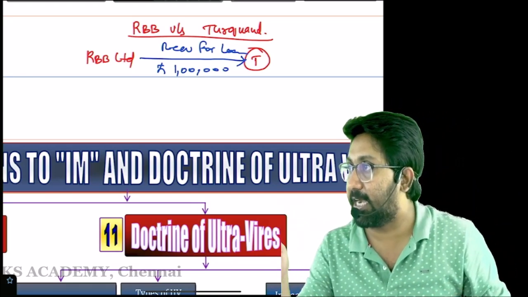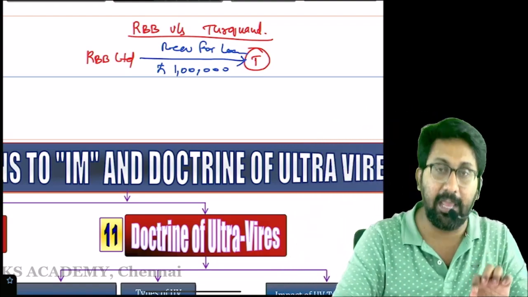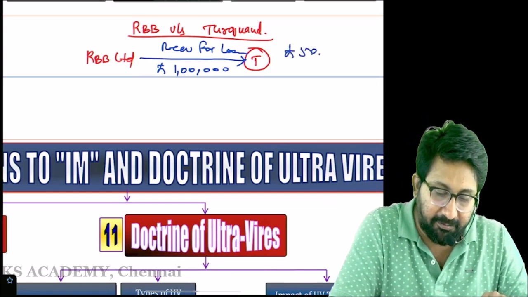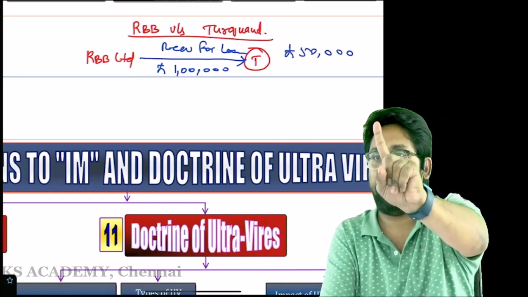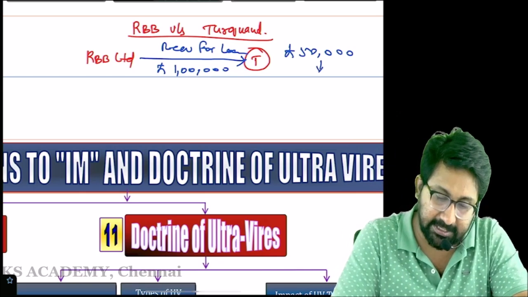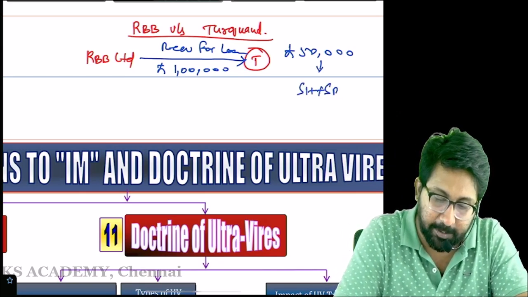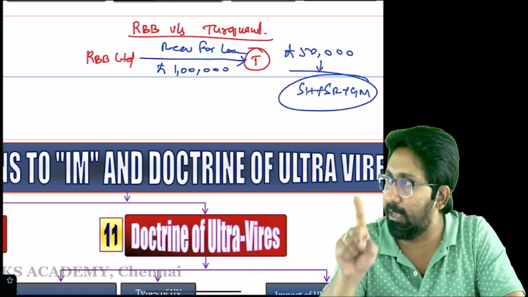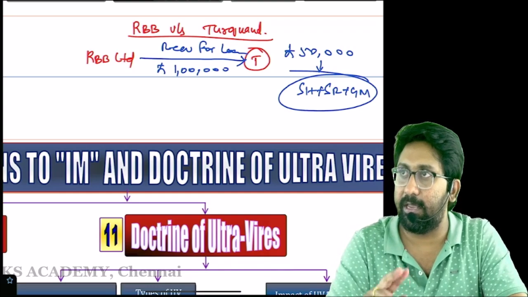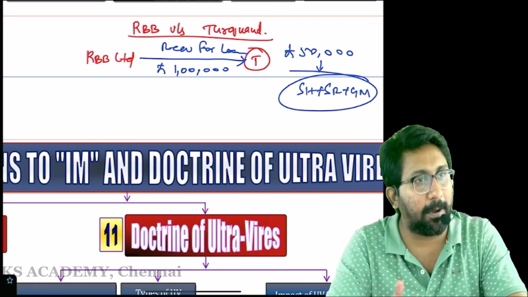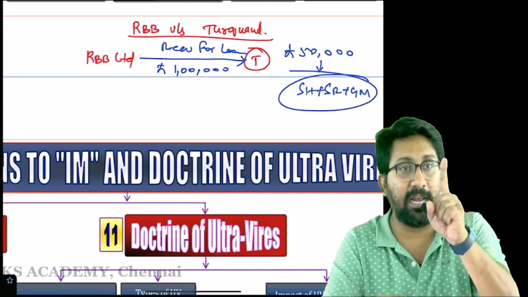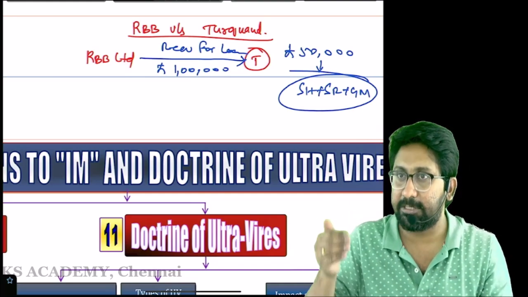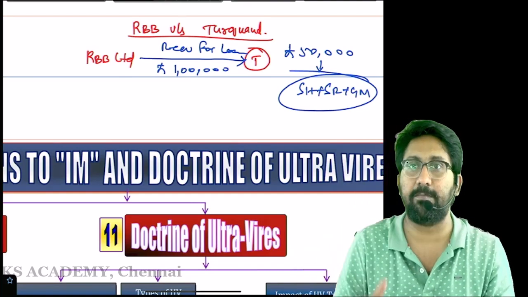In AOA, it was written like this: any loan in excess of pounds 50,000 from one single person requires shareholders' special resolution in a general meeting.